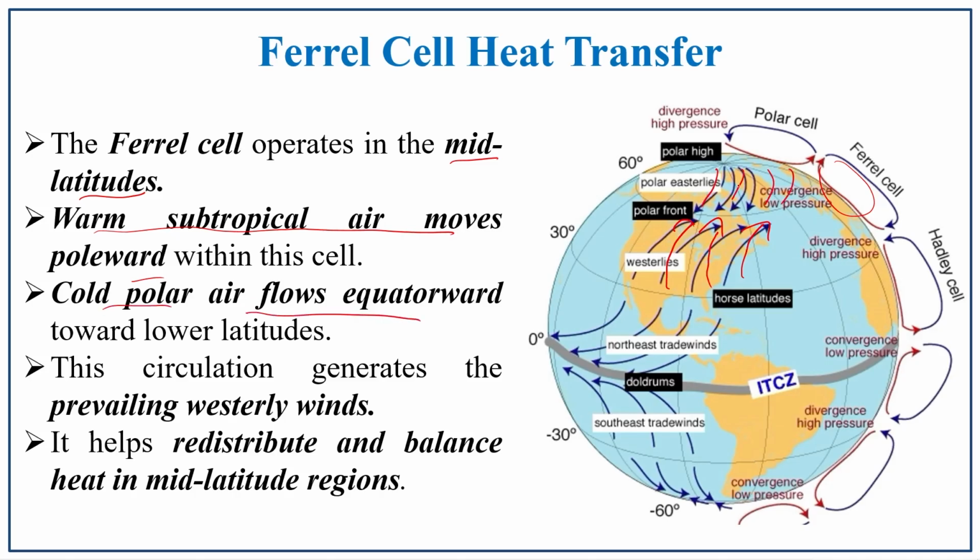Here you can see the arrow marks, it is moving towards the equator. This circulation generates the prevailing westerly wind. Because of this exchange of air, the westerly wind is generated in these mid latitudes. It helps redistribute and balance heat in the mid latitudinal region. Because of this there is a balancing of heat in the mid latitudes.